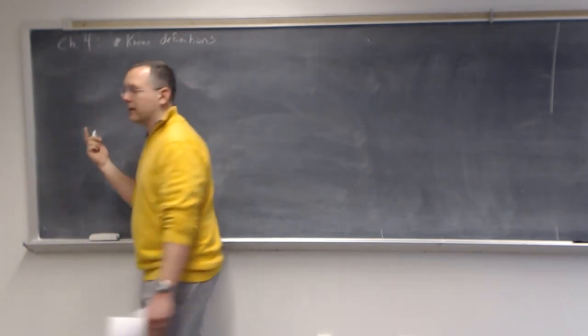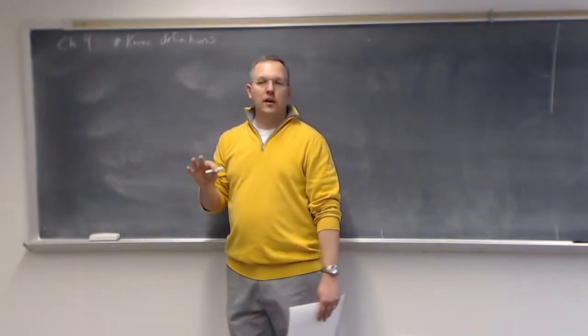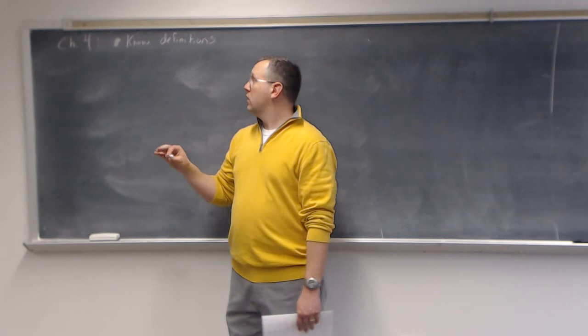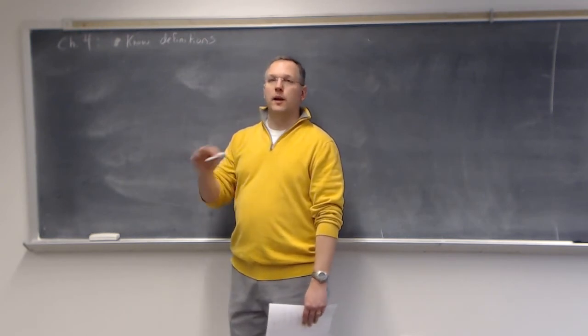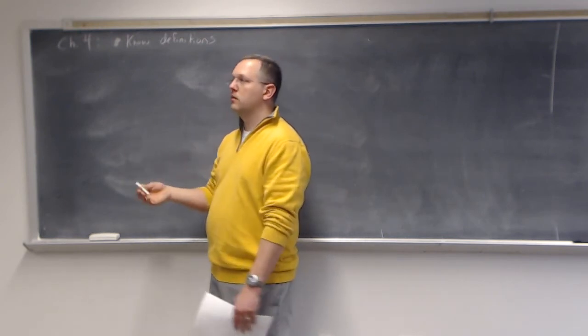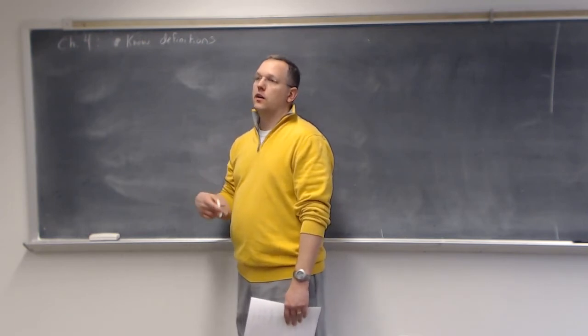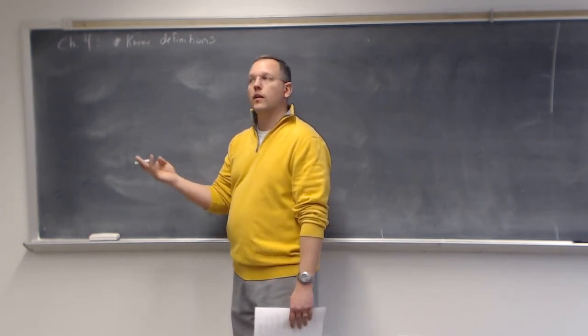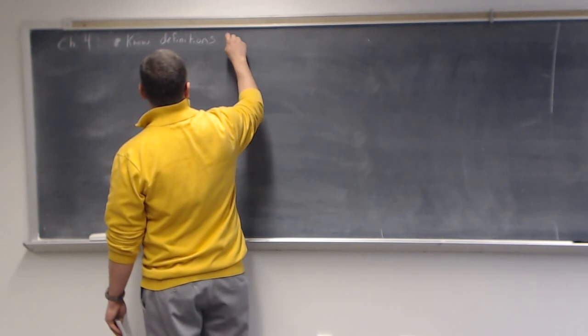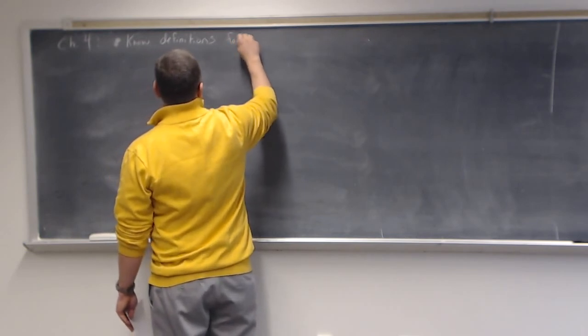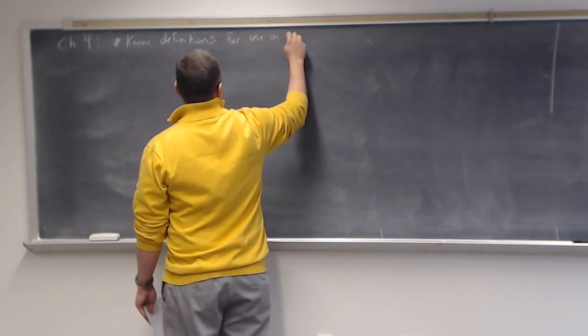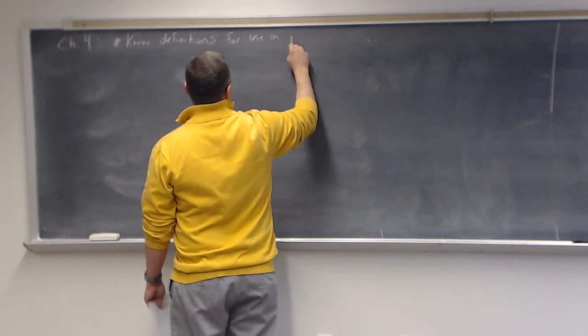I know we had a quiz where I made you write out the definitions, but you don't need to be able to write out the definition. You just need to be able to use them in proofs, right? Like if I said, prove that if x is odd, then x squared is odd, you'd have to know how to prove that. So use definitions in direct proofs in all of our proofs.